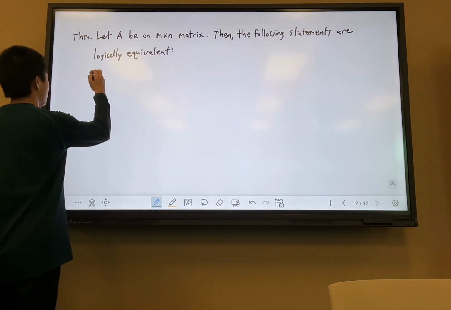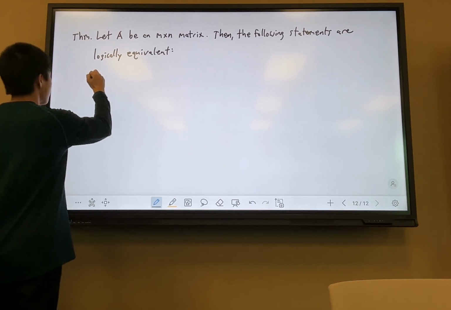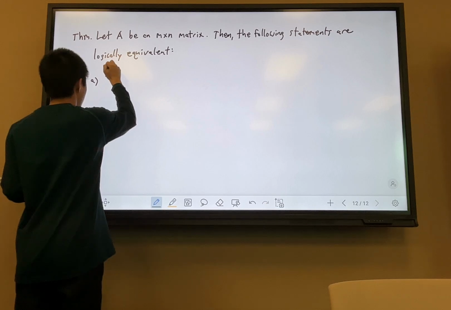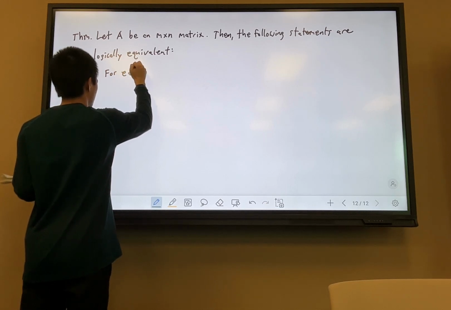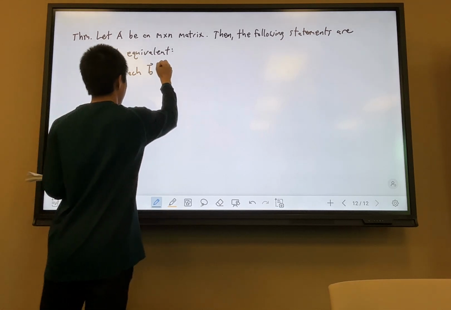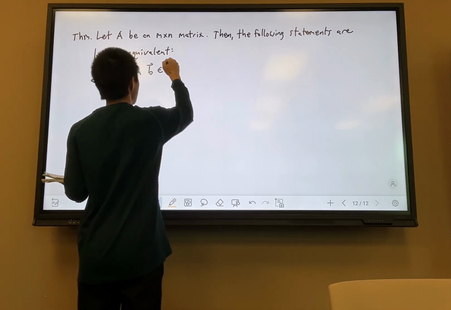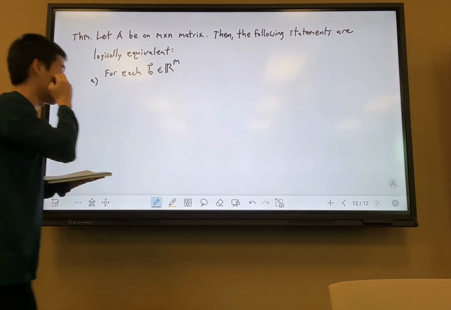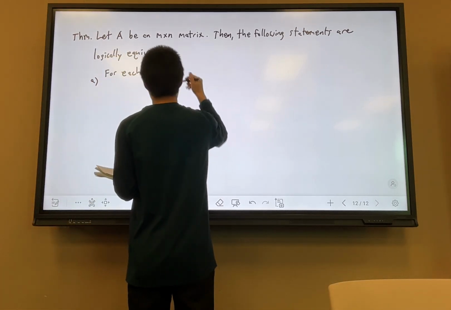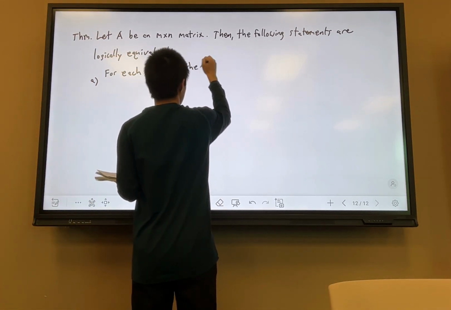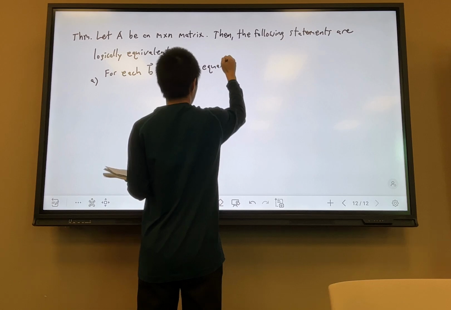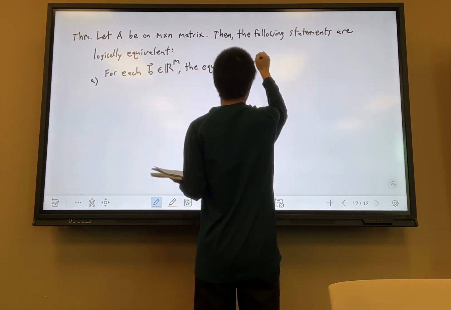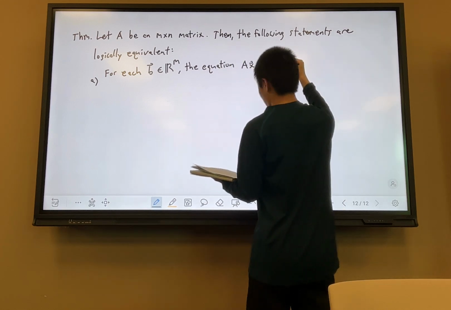Okay, first thing here. For each b in Rm, very important, the row number, the matrix equation Ax equals b has a solution.